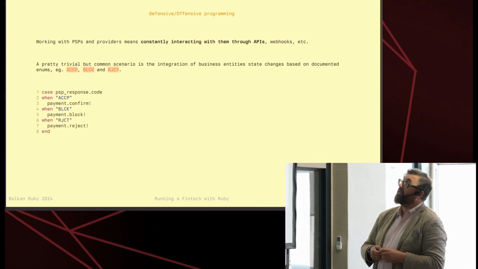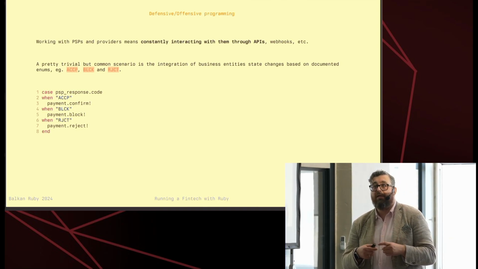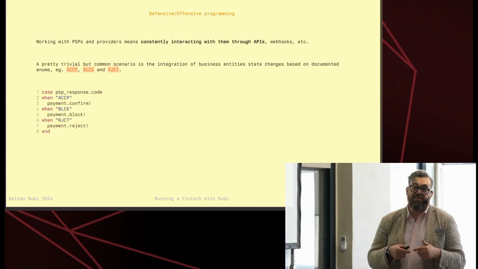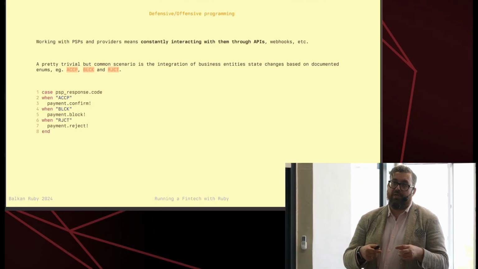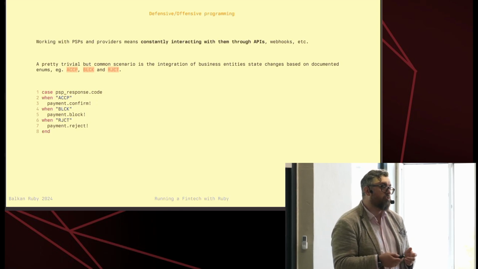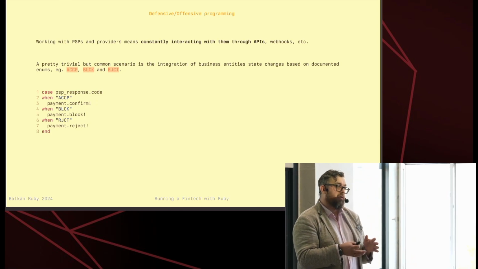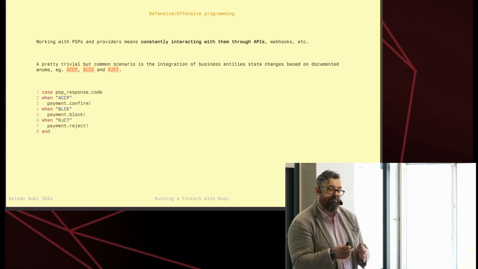But no, we have to constantly introduce reminders and practices in the team to make ourselves aware that we were dealing with money. One of the most common practices was to look at everything like defensive programming or offensive programming.